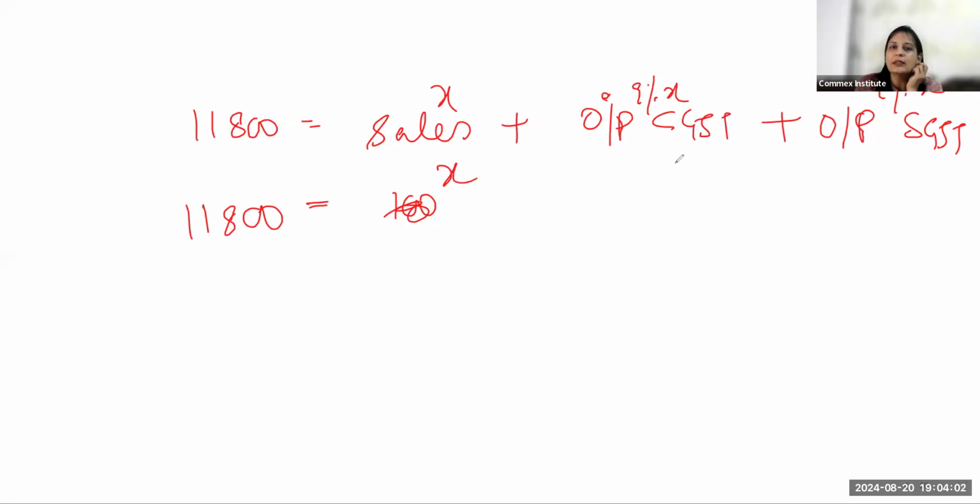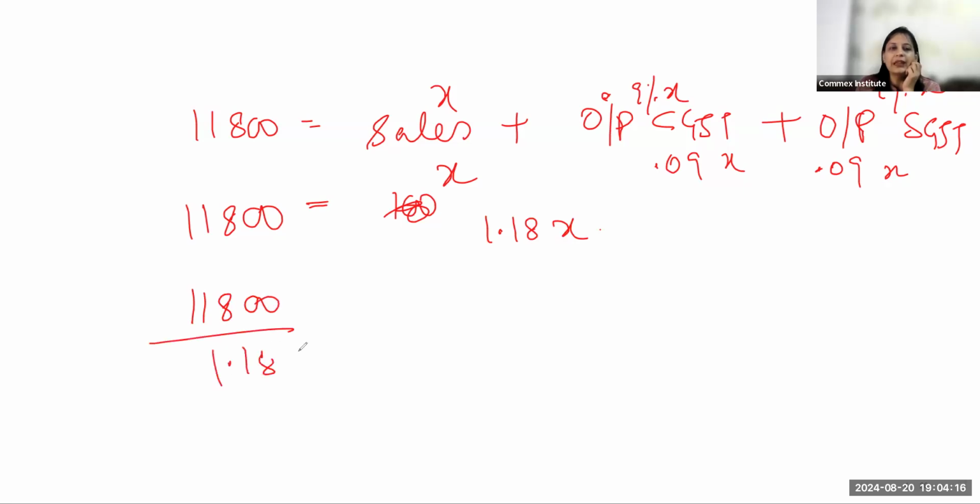X, इसको x बोला तो ये 0.09x हो गया और ये 0.09x, तो ये 1.18x हो गया. ठीक है, तो x की वैल्यू निकाल लो, 11,800 divided by 1.18 is equal to x is equal to 10,000, which is the sales.